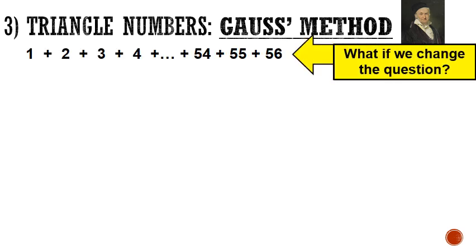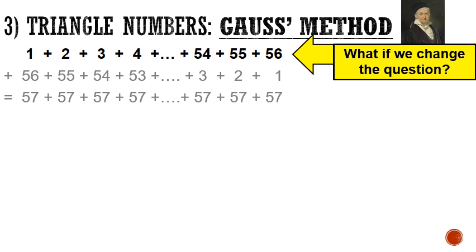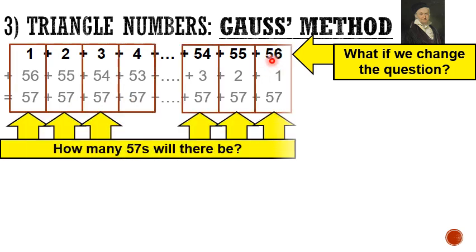What if we change the question to 1 plus 2 plus 3 all the way to plus 56? How will this work? Similarly, we add another row at the bottom in reverse order. Then we add them up. Each of them will add up to 57. And how many groups of 57 would there be?